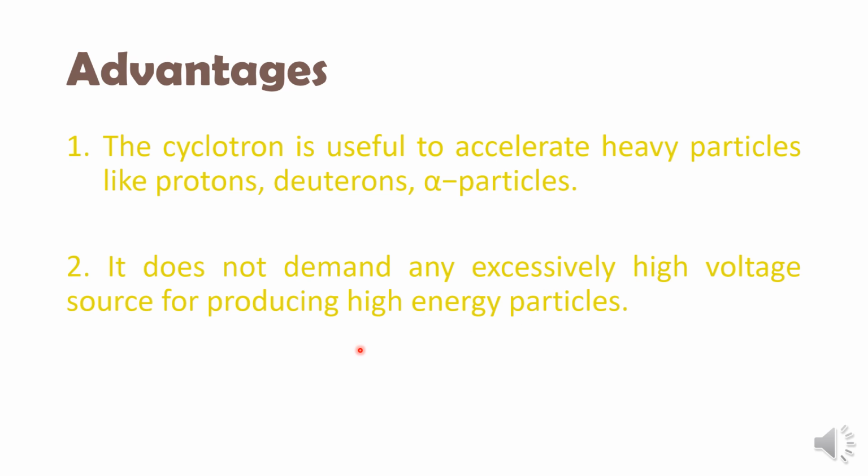Therefore, here there is no need of high voltage, high electric field. In order to increase the energy, we make the ion enter into the gap a greater number of times. Therefore, there is no need of using a very high voltage source. These are the advantages of cyclotron.